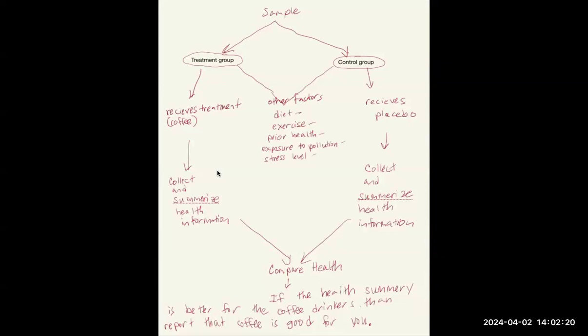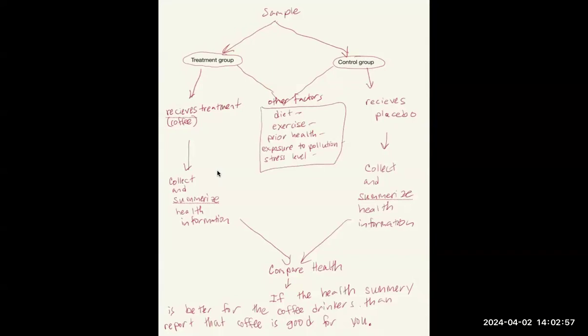We want all of those other things that might affect their health to be controlled and kept the same for both groups, so that at the end, the only difference between these two groups is one had the drug or the treatment and one had the fake drug. So any difference in their health at the end, we can attribute to them receiving the drug and not some other factor. So these are the other factors in the middle that we say we control.